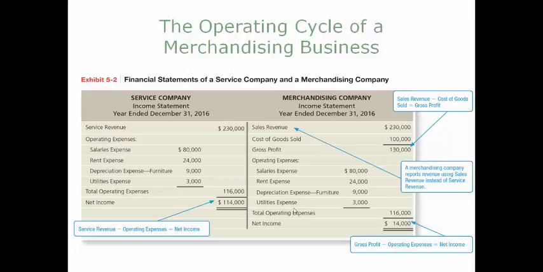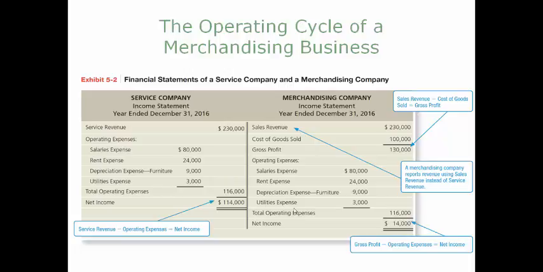And the gross profit is the difference between the value of what you sold versus what it cost you to sell. So that's the $130,000. And you'll look at gross profit percent, and we'll cover that a little bit later in the chapter. And then the operating expenses are essentially the same, in the same dollar amount, but their profitability looks different. And you can see the difference.